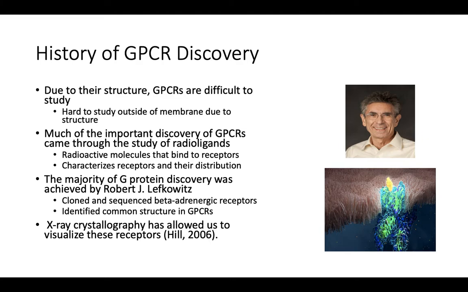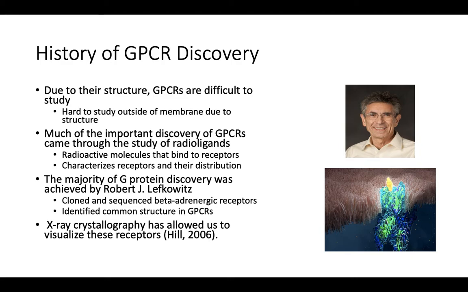One of the most important people in the G protein discovery was Dr. Robert J. Lefkowitz, and he made a lot of his discoveries in the 70s and 80s. A lot of his work revolved around cloning and sequencing beta-adrenergic receptors, which belong to one of the most basic families of G protein receptors.